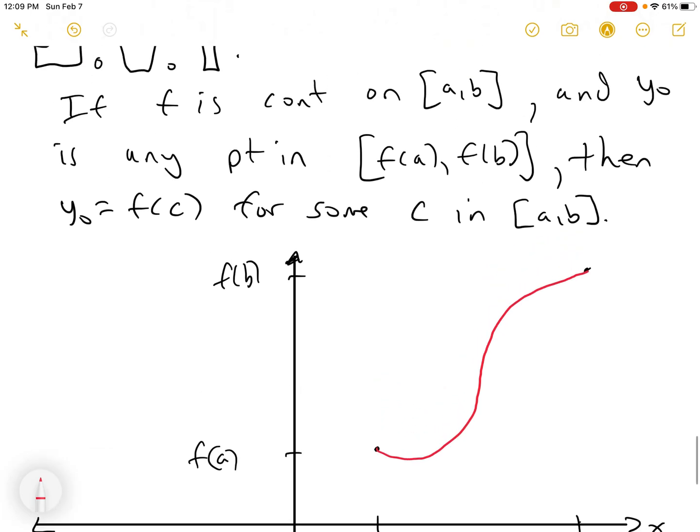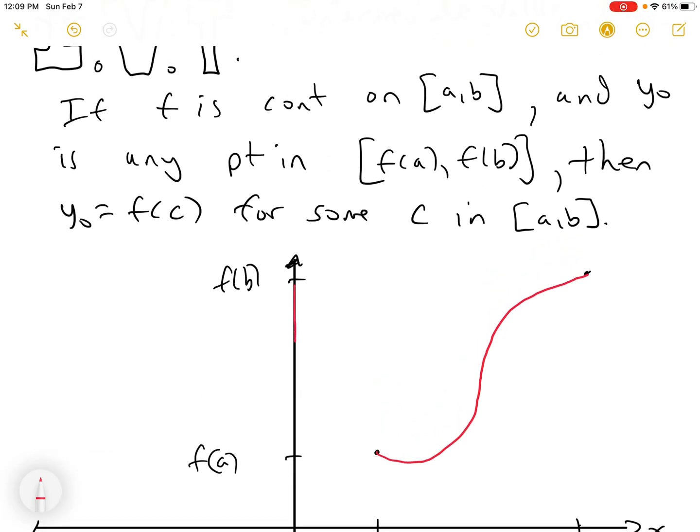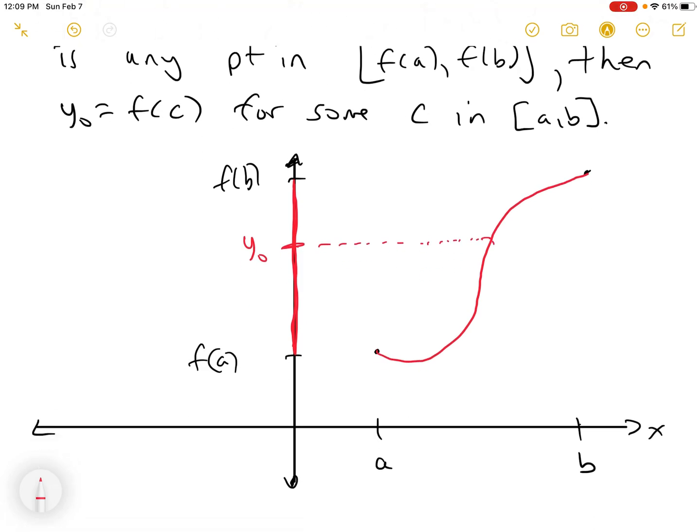And what the theorem says is, if you give me any y naught in this interval here, any one of them, just put some random y naught here, then it's going to come over here, and there's going to be some c down here such that f of c equals y naught. And we can use this for a lot of cool stuff, mostly to define the mean value theorem, which I spoke about earlier.